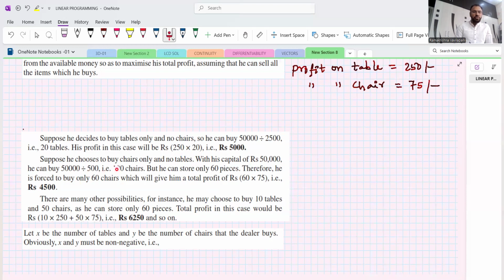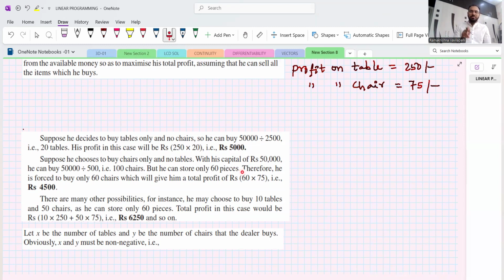Suppose he chooses to buy chairs only but no tables. So 50,000 rupees by 500 gives 100 chairs. But here the point is your storage capacity is not more than 60 pieces. So you are not allowed to buy 100 chairs; he is forced to buy only 60 chairs.